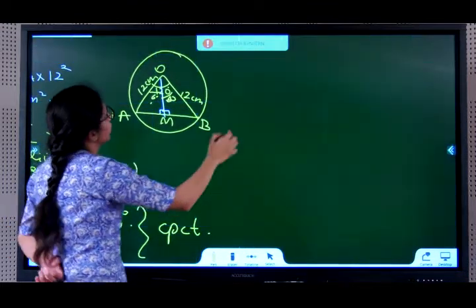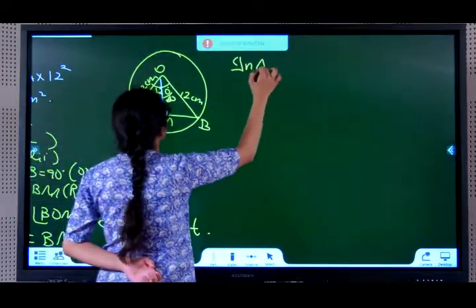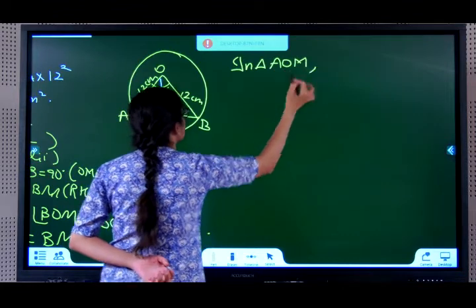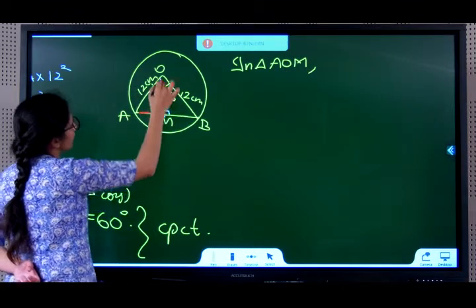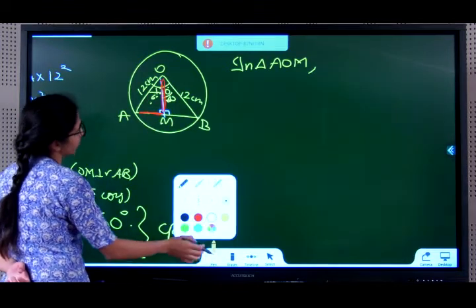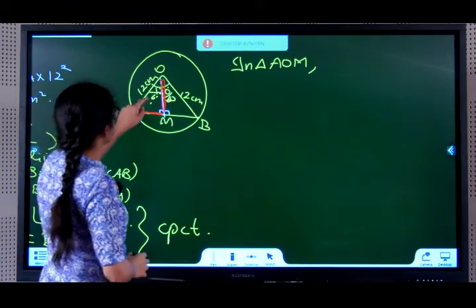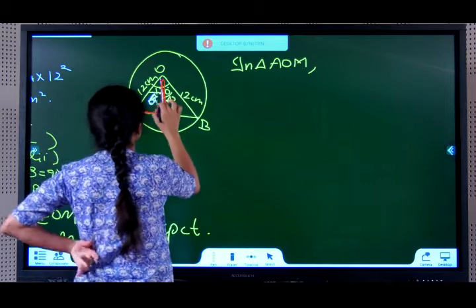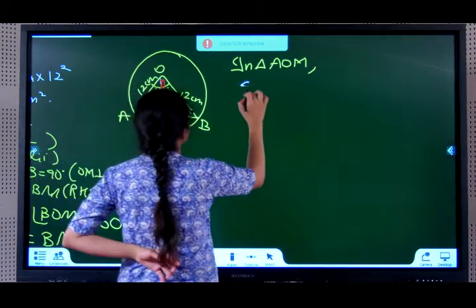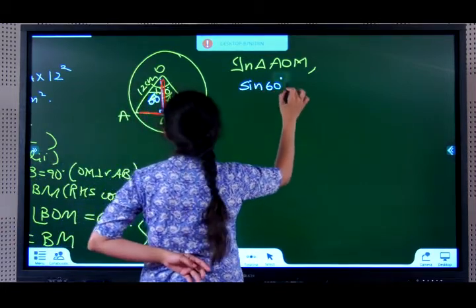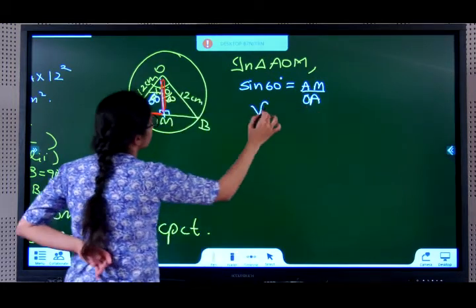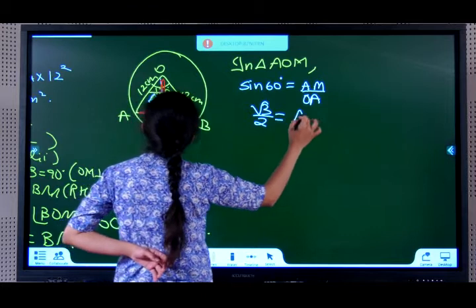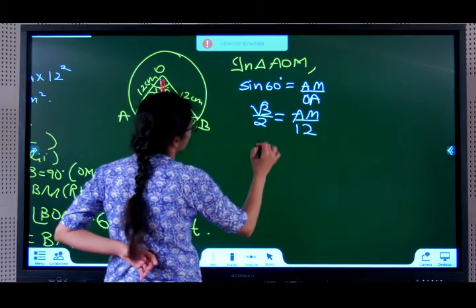Let's do it. So in triangle AOM, I want AM and OM. So we'll do it one step at a time. 60 degrees here. Sine 60 degree is equal to AM by OA. Root 3 by 2 is equal to AM by 12.